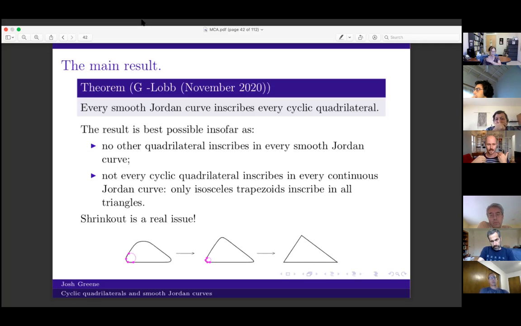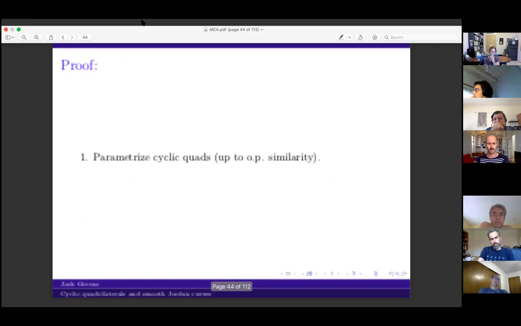So rectangles up to similarity are a one parameter family, parameterized by the angle at which the diagonals meet. Now, cyclic quadrilaterals are a 3-dimensional family, and that's what I want to parameterize.